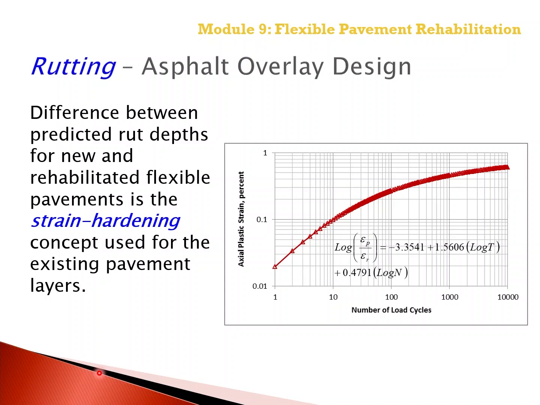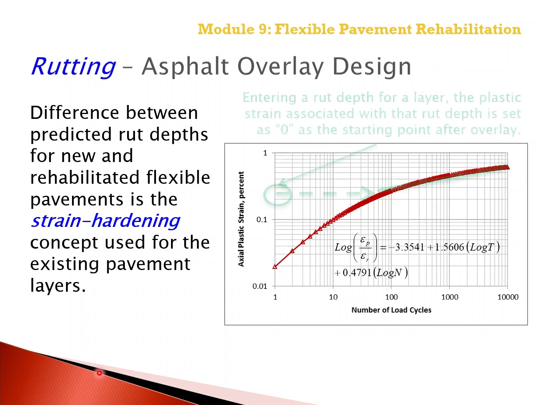So the strain hardening concept is used both for new flexible pavement design and predicting rut depths, as well as for rehabilitation design of flexible pavements. So we're going to basically review how that strain hardening approach is applied.